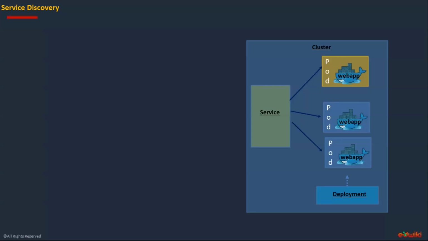The service will be discovering the pod. Hey, there's a new pod with the same label. Okay, let me route the traffic, correct? The traffic will be routed to that pod. But tell me guys, whenever the pod is ready or deployed, do you think the application will be ready at that immediate second? No, right?